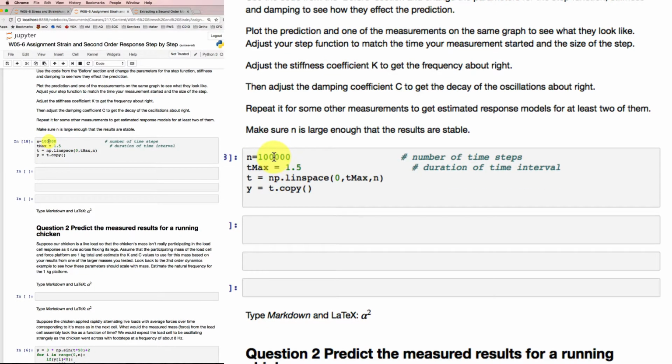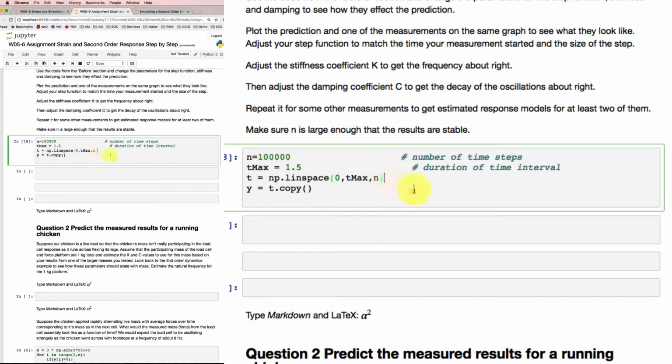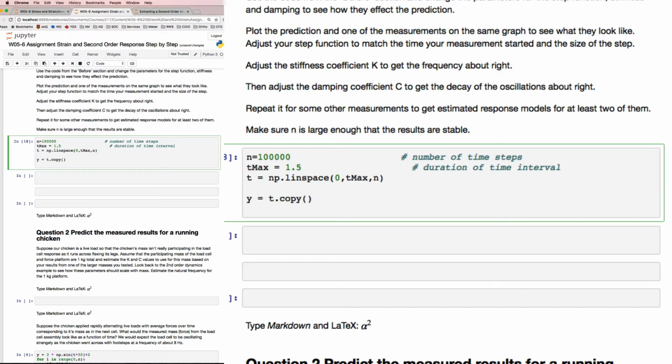So that's 100,000 different steps. That's the time. And the time step, dt, will be equal to, lowercase t max divided by n. That's how long a time there is between each time step.